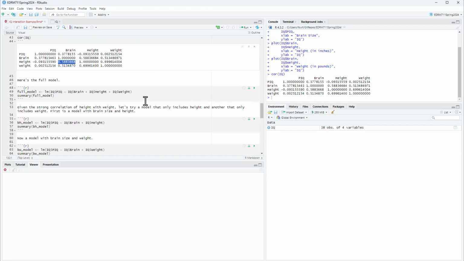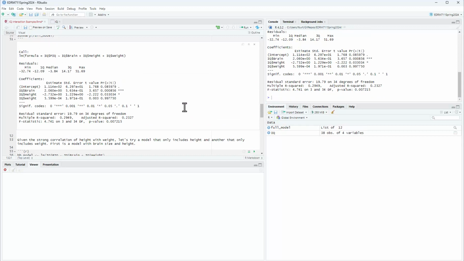Let's start by looking at the full model here. When I look at the full model, what I notice right away is that weight isn't contributing anything. Height and brain size, those are both quite stable in this model.